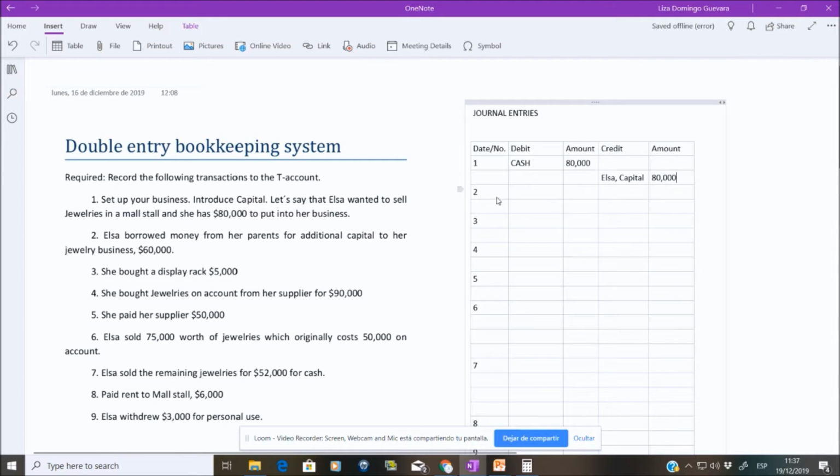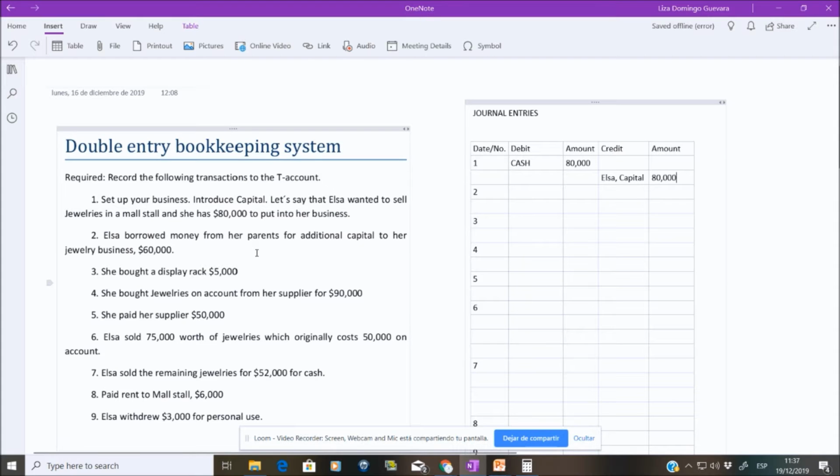You can also provide another space here for the description of the transaction. For example, in the first transaction, you can say to set up the jewelry business of Elsa.